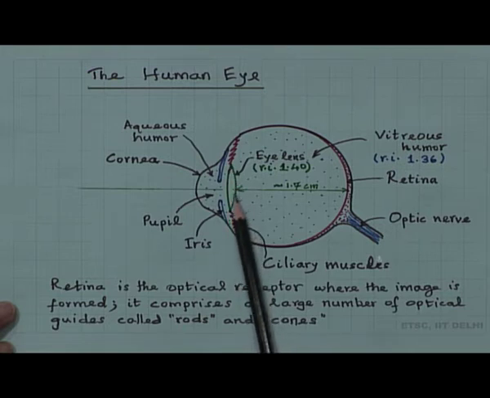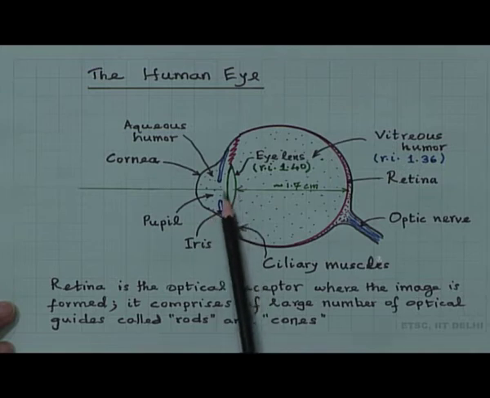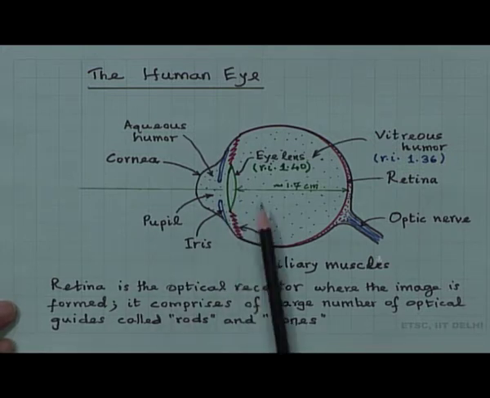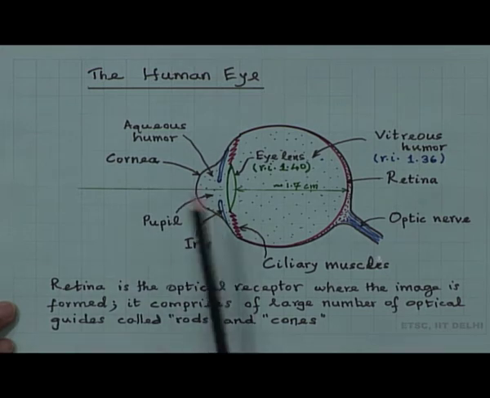The lens can be stretched, which means the radius of curvature of the lens will change depending on the tension in these ciliary muscles. When they are relaxed, the lens is fully stretched, and when they are stretched or compressed, the lens radius of curvature changes. This has a very important role in human vision.